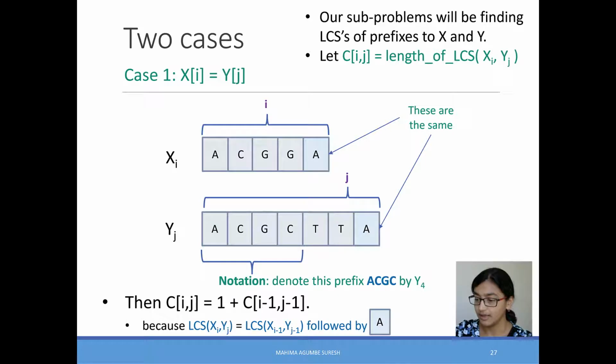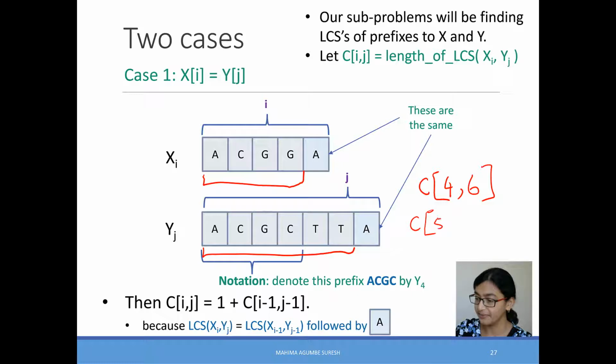Meaning, let's suppose that this was the substring that we had already found the longest common subsequence to, meaning we already have c of 4 comma 6. Now we are trying to find c of 5 comma 7, and it turns out that xi and yj are the same character.